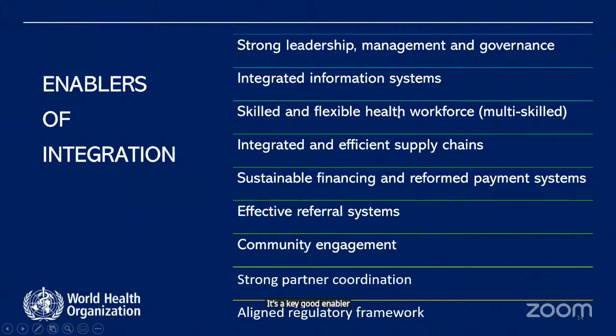Skilled and flexible health workforce. Here we are talking about the multi-skilled health force. If you have it, it's a good enabler. And then integrated and efficient supply systems we've mentioned. Sustainable financing, and then effective payment systems. If payment systems are not very effective, then the more reformed the systems, the better. And then effective referral systems, community engagement, and strong partner coordination.